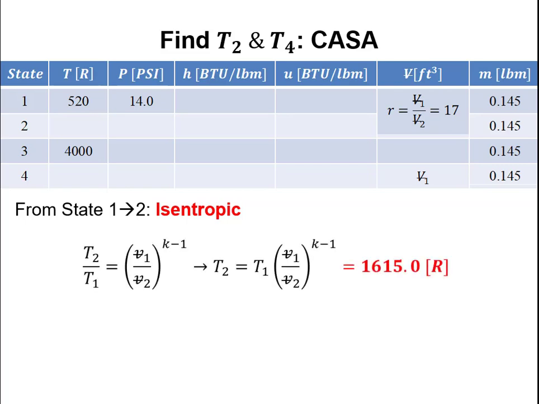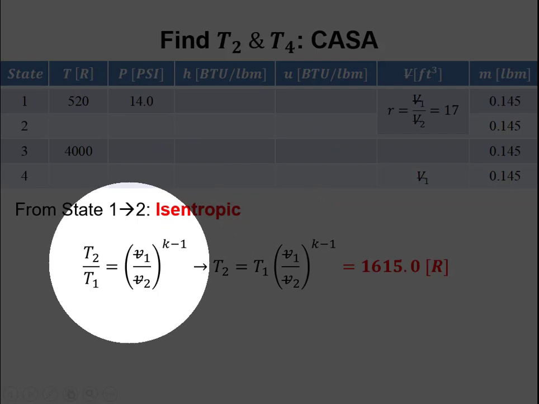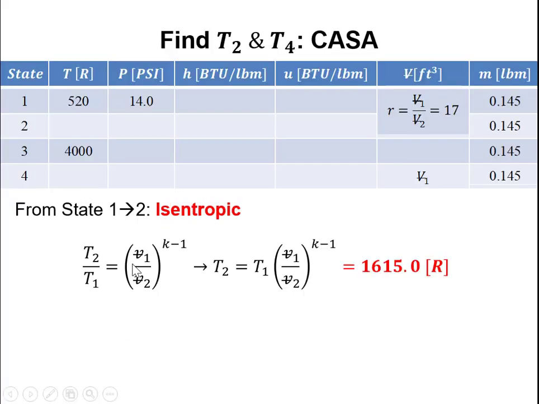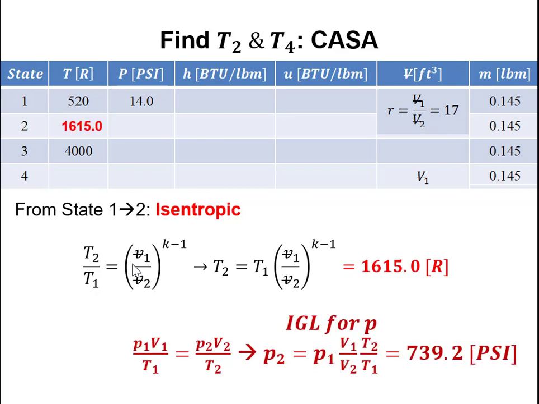Because this is a cold air standard analysis and I know the ratio of the volumes, I use this equation that has K in the exponent and relates my temperatures to my volume ratio. With that, I can find T2. I can use the ideal gas law between state 1 and state 2 to find the pressure P2. So now I know T2 and P2.